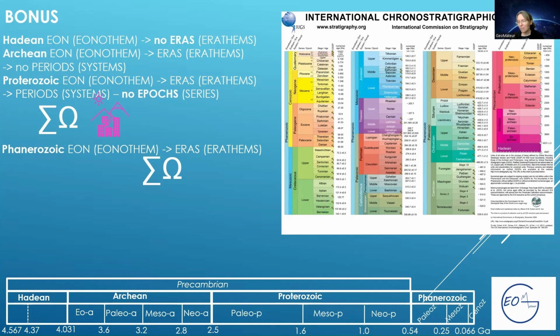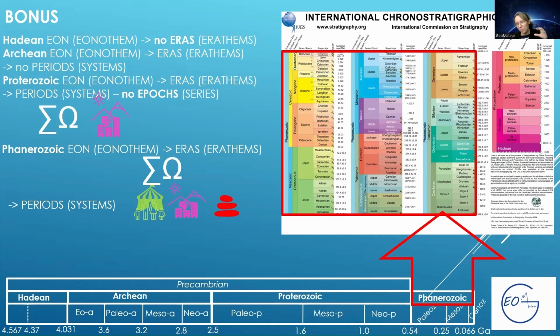Phanerozoic has a full set of subdivisions. So Phanerozoic Eon or Eonothem is divided into eras and erathems. The names come from Greek. Eras or erathems are divided into periods or respectively systems. The names come from tribes, places, or typical rocks.